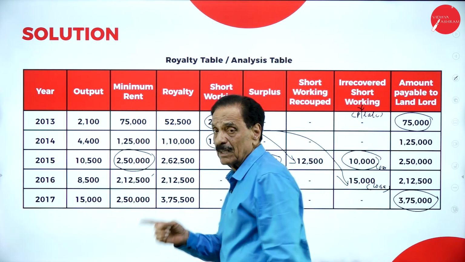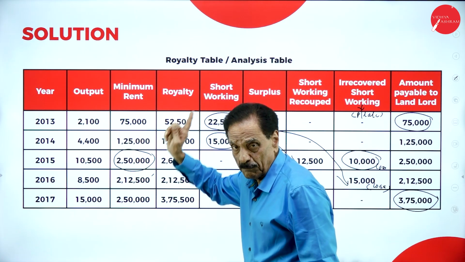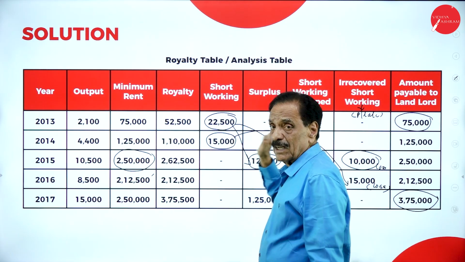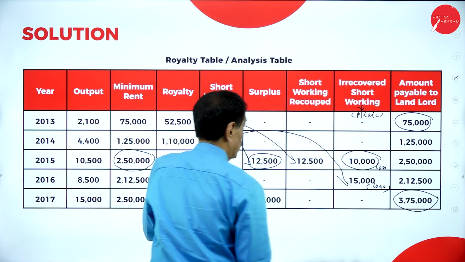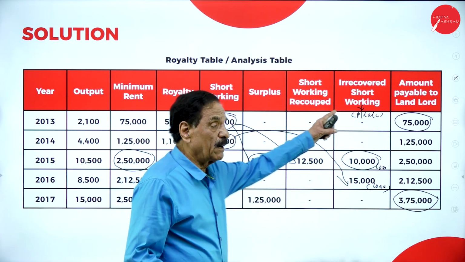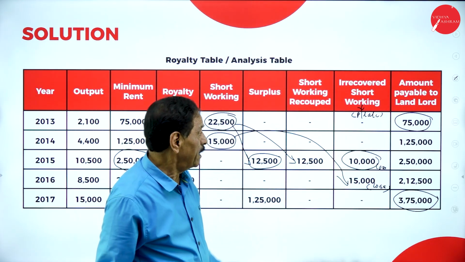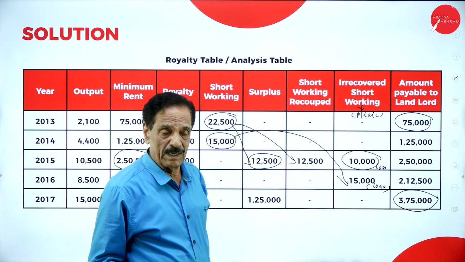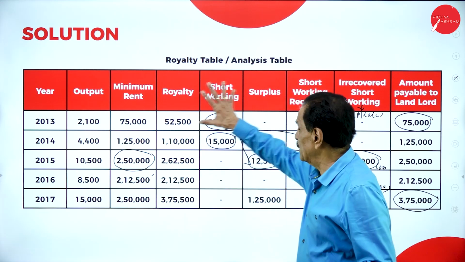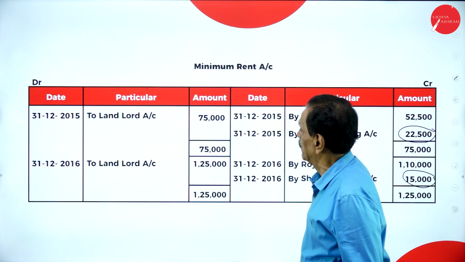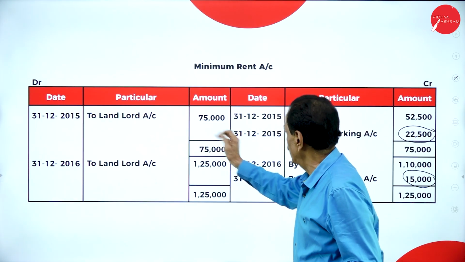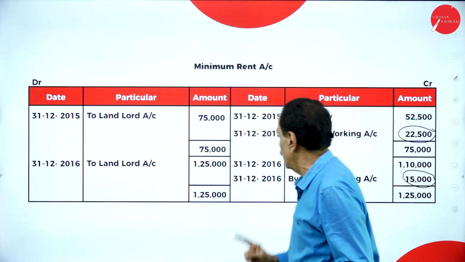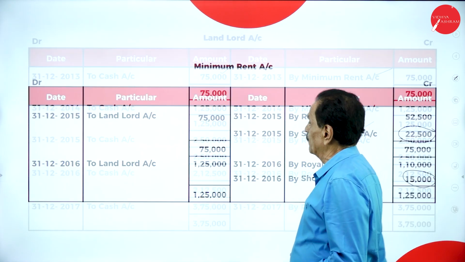First, if you work this out, from this you are going to prepare the ledger. Minimum rent to landlord, by royalty, by short working.